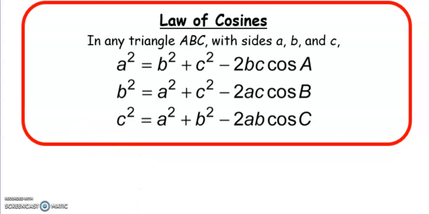So on the left side of all of these formulas, we have a side, because sides are always lowercase letters, and on the right side, the uppercase letters are the angles opposite the left side.